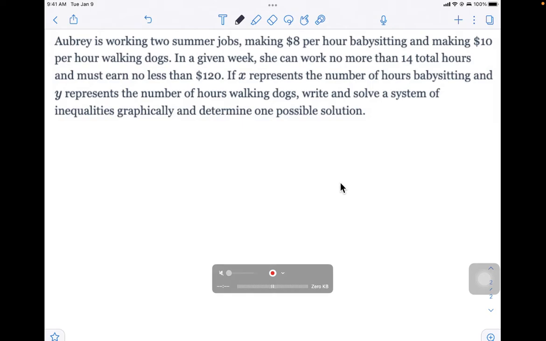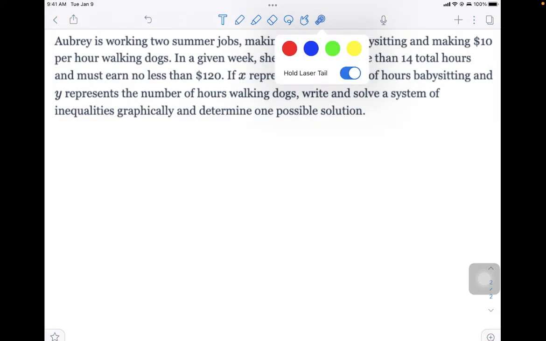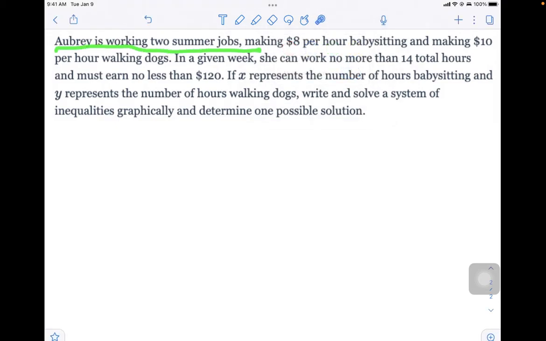So this is our situation here. Let us read what it says. Aubrey is working two summer jobs, making $8 per hour babysitting, so let's highlight that, and making $10 per hour walking dogs.